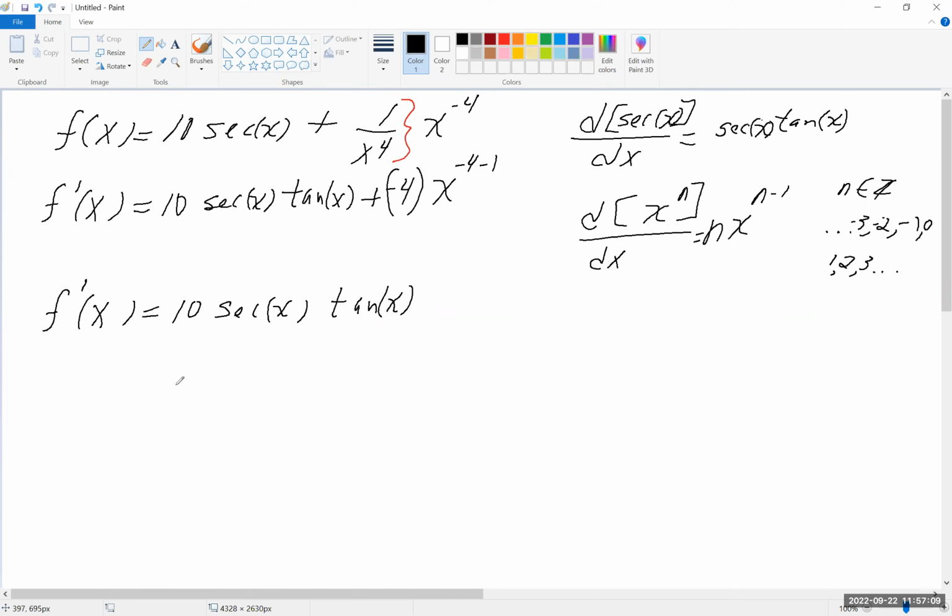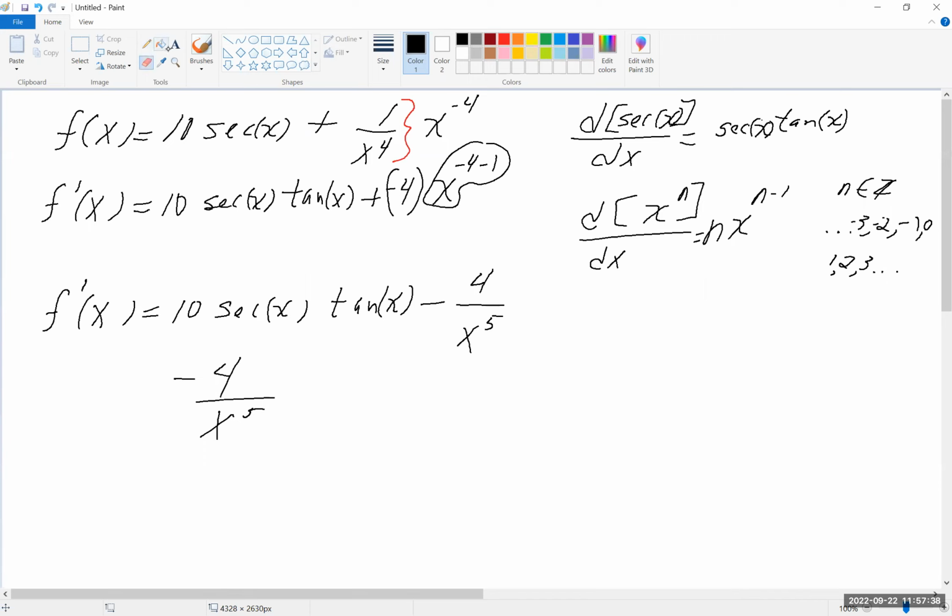Let's finish over here just so I'm not running into those notes I made in the corner. Minus 4 over, so this is x to the -5, so I'm just going to write it as 4 over x to the 5th, which I now realize really fits over here.